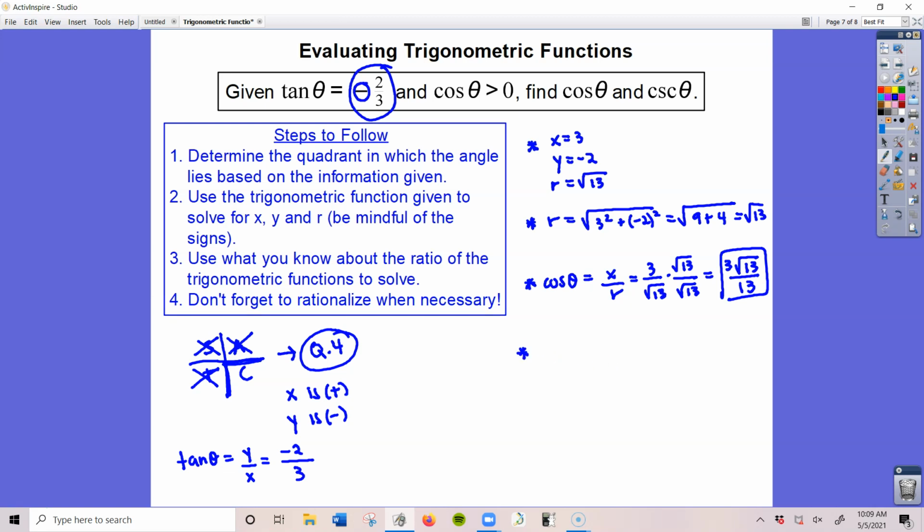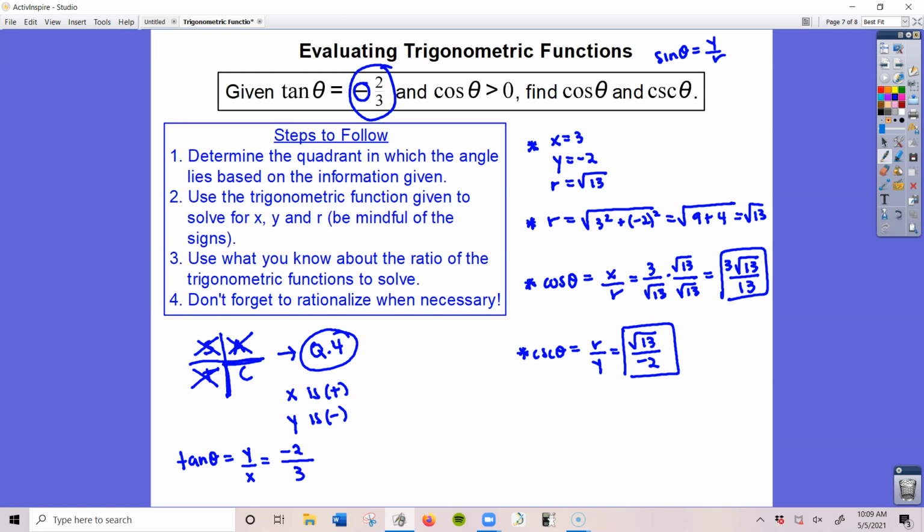Now cosecant. Cosecant is the reciprocal of sine. Sine is y over r. So that means that cosecant is r over y. So I look here, my r is the square root of 13, and the y is negative 2. So this would be my cosecant. And that would be our answer.